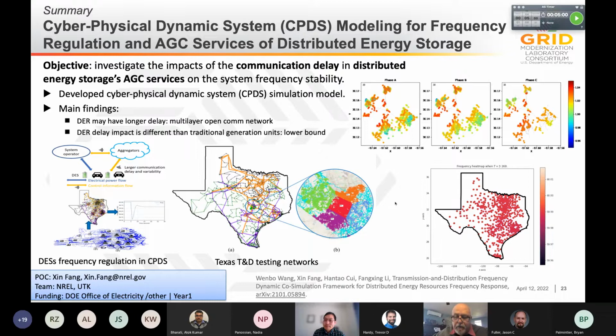How long does it take you to solve? For this large system, we use NREL's HPC to perform the simulation. Right now, for about a 300-second simulation, it took about 15 minutes, if I remember correctly. It's still okay, but this system is very large.